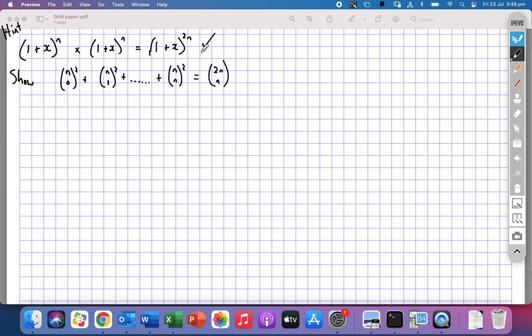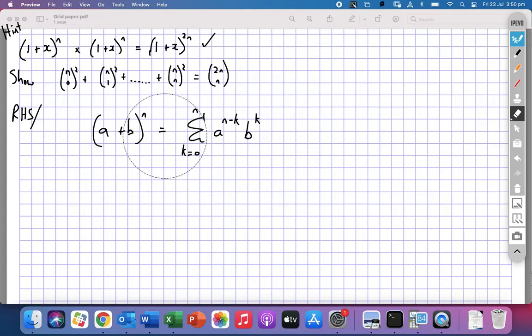Okay. What would happen if we expanded? I want to start with the right-hand side, and I'm just expanding using my binomial theorem. We've got a formula for that: a to the n minus k, b to the k. So we can set up this sum.